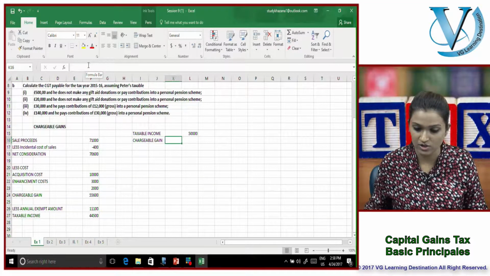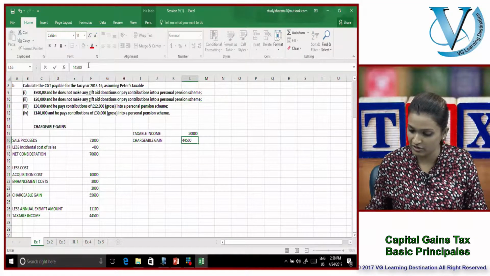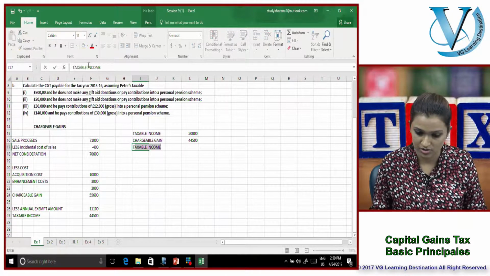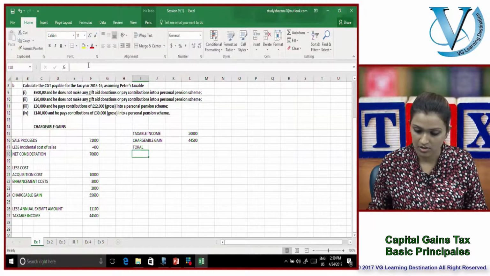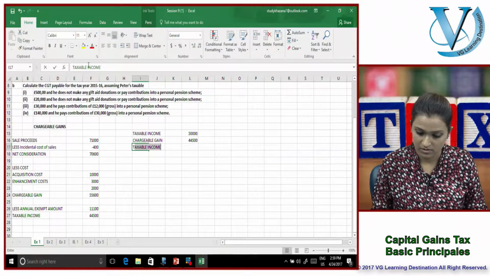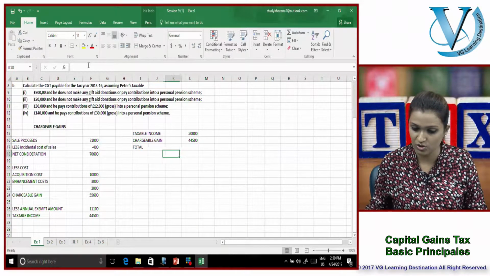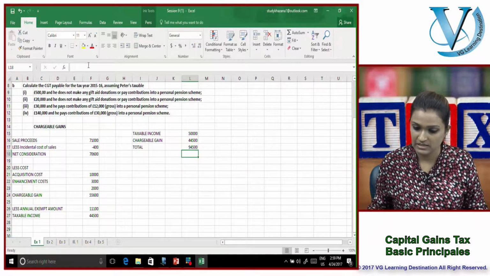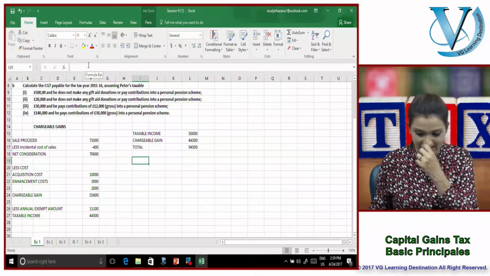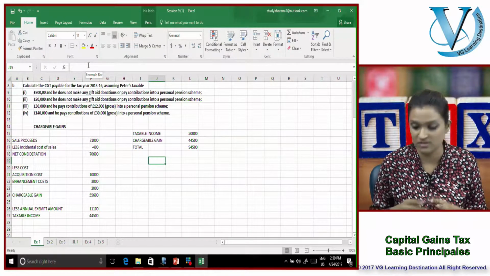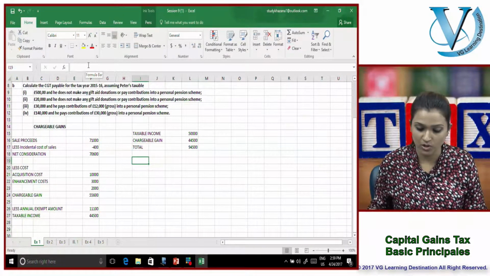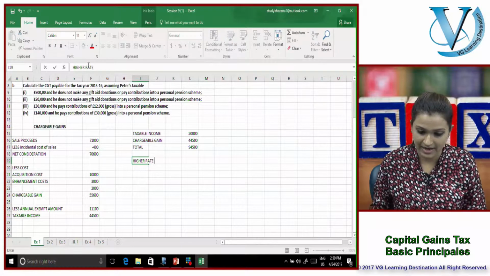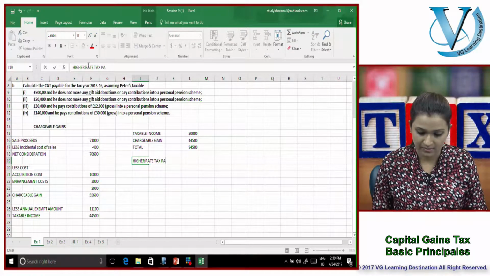Chargeable gain is how much? 44,500. Total is how much? Total is equal to 94,500. This is greater than 32,000 pounds. So you are a higher rate taxpayer.